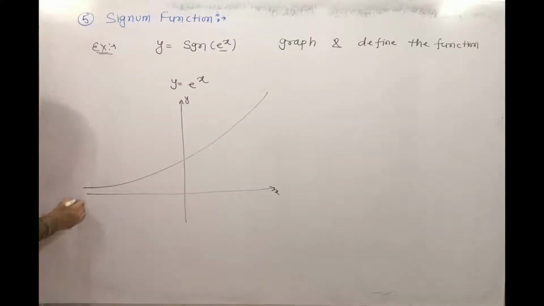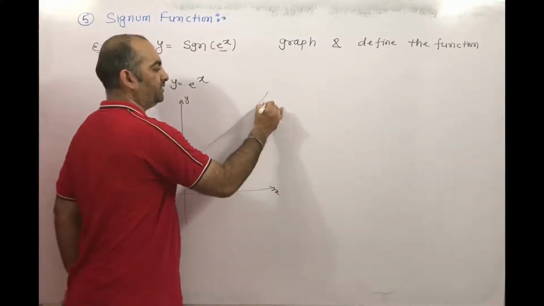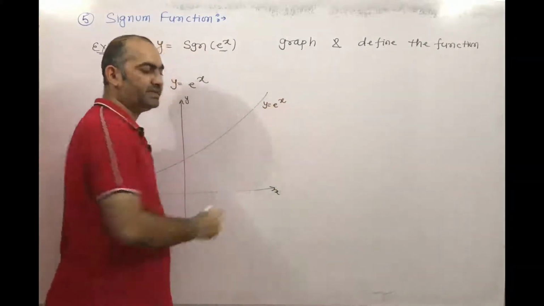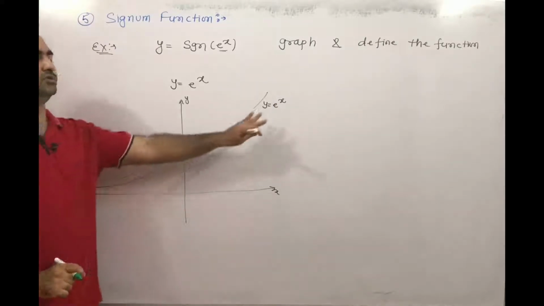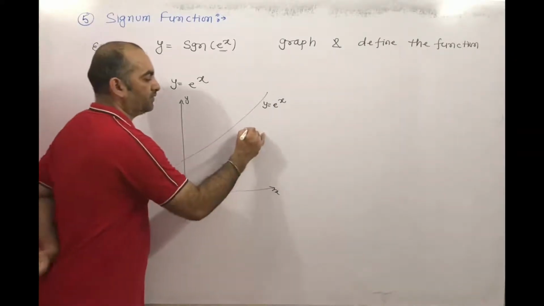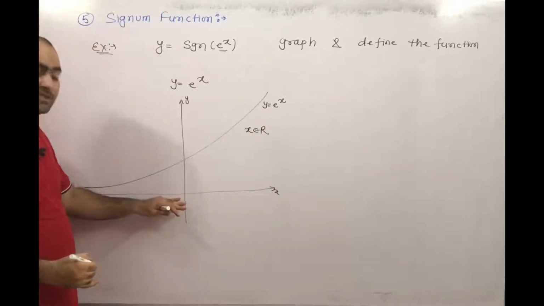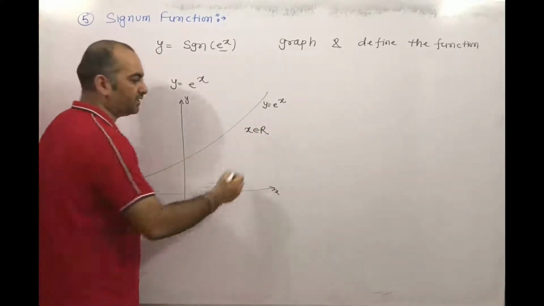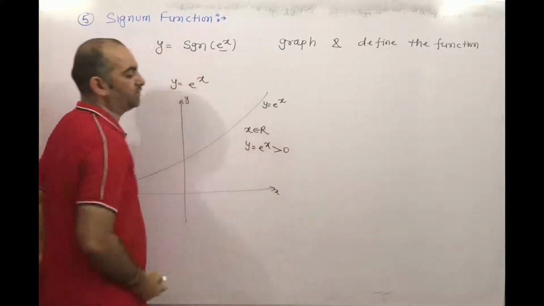This starts from minus infinity and goes till infinity, and this is y equal to e power x. So we can say that for x belongs to R, e power x is always above the x axis, so y equal to e power x is always greater than 0.